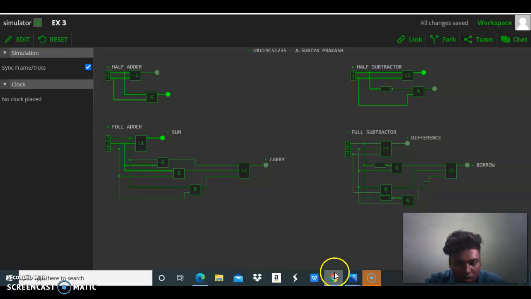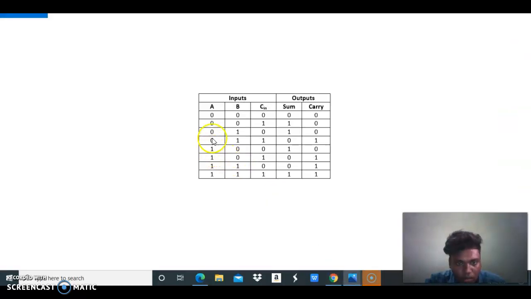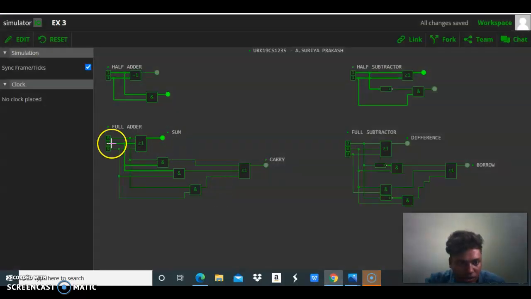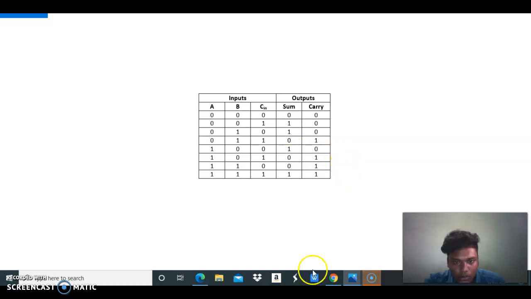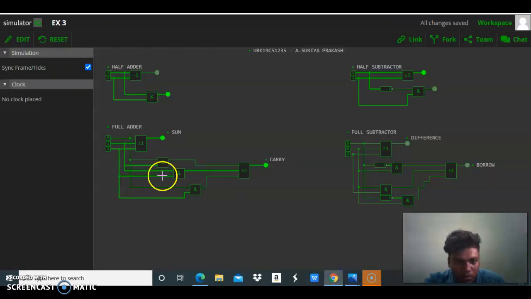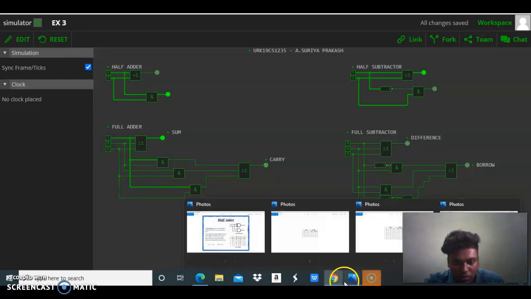And next, 0 1 1 is 1 0. Next, 1 0 0 is 1 0.